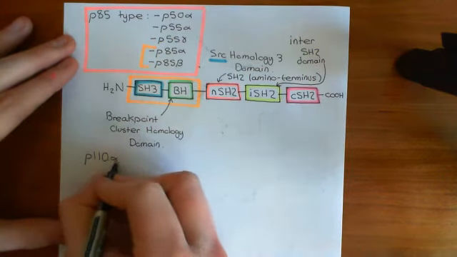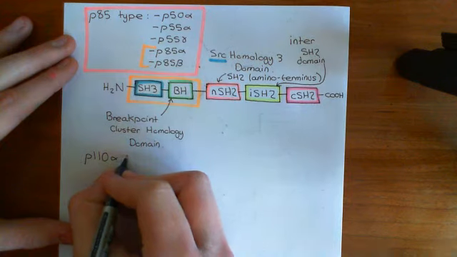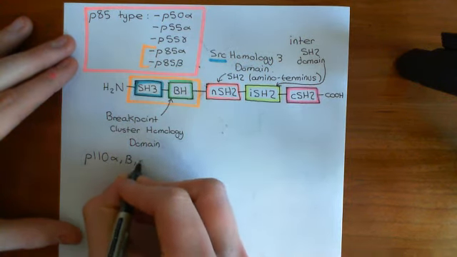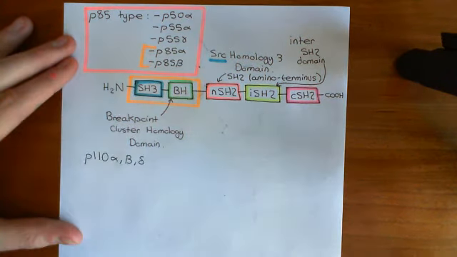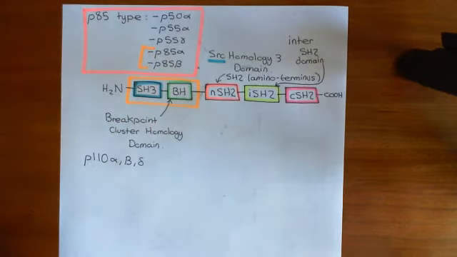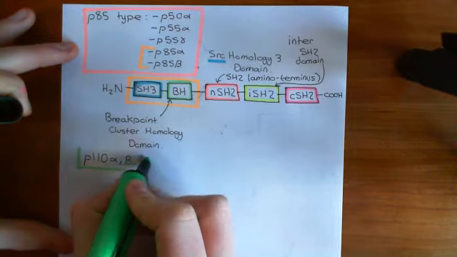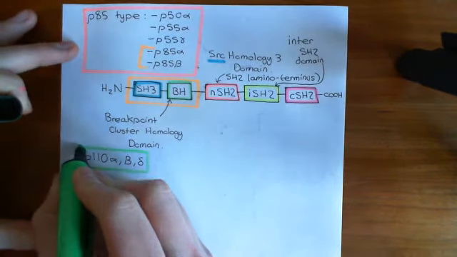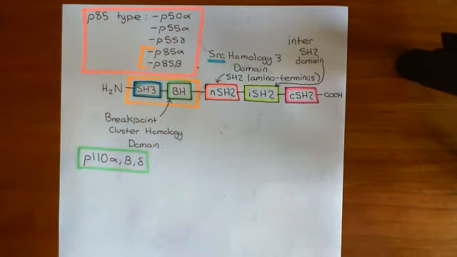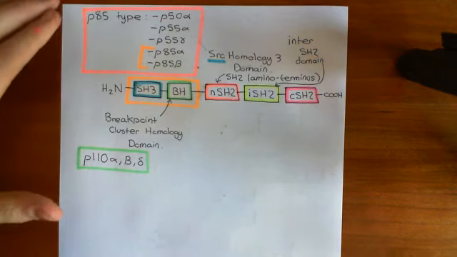So it's either P110 alpha, P110 beta, or P110 delta. Now, once again, all 3 of these proteins are single polypeptides, so we can start with the amino terminus and then work our way down to the carboxylic acid terminus.